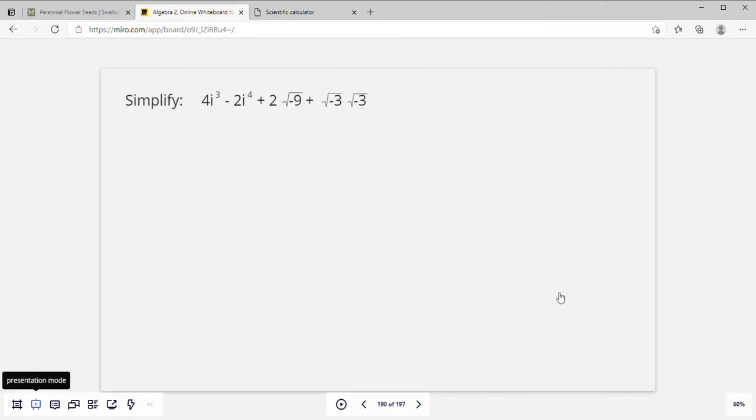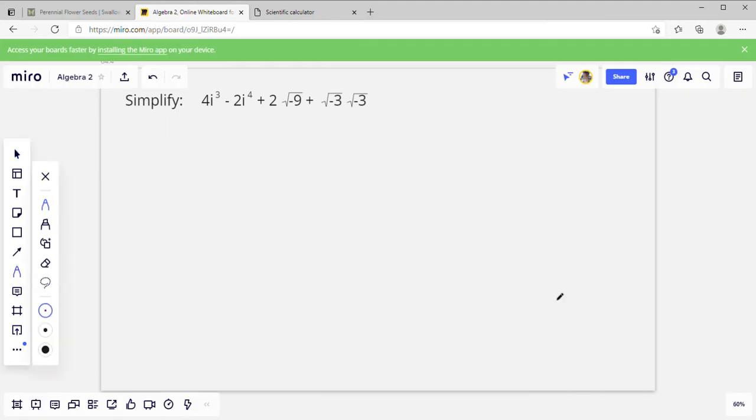Alright, this one asks us to simplify this. So we've got 4i to the third. Alright, so the first step on this one is we're going to say 4 and we're going to pair our i's. So i to the third would be, we have 2 of them, and then we have another one. This part's going to be -1. Then 2i to the fourth.